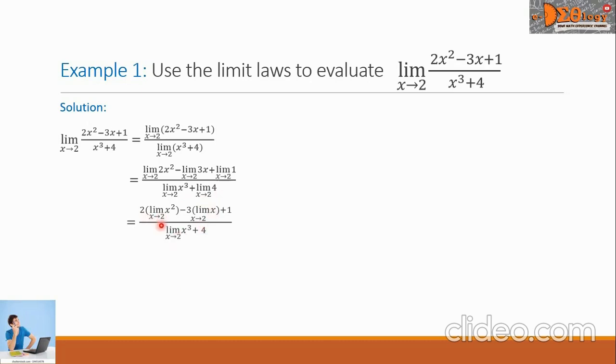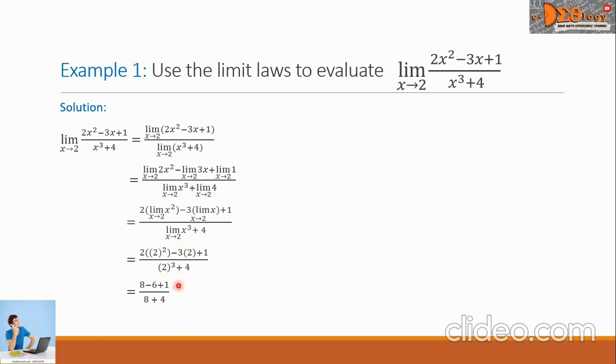Substitute the value 2 to the x in here, here, and also down here. So we have now 2 times 2 squared minus 3 times 2 plus 1 all over now 2 cubed plus 4. The numerator now becomes 8 minus 6 plus 1 all over the denominator 8 plus 4.